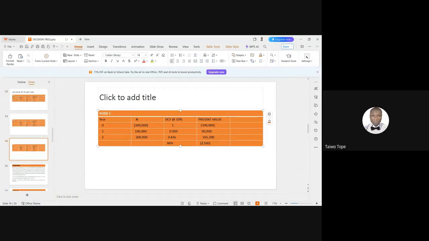The 165,200. And the NPV will be what? 43,900.